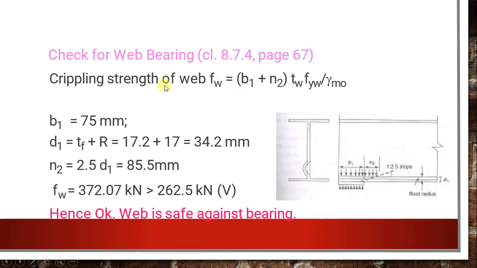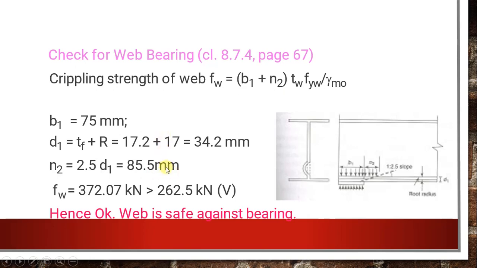From that, you have to obtain the crippling strength of web. So b1 I already assumed as 75 mm. d1 you have to calculate with the help of this formula: tf plus the minimum radius of gyration will give you the d1 value, that is 34.2 mm. Now n2 you have to calculate by this clause, that is 2.5 d1. It is obtained as 85.5 mm.